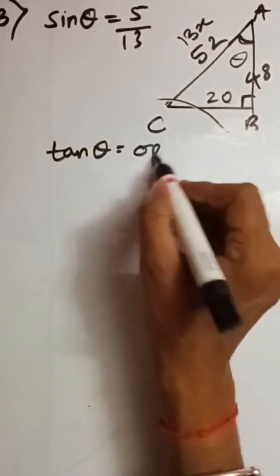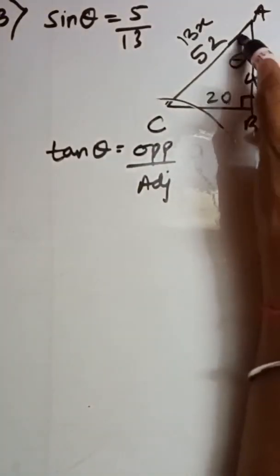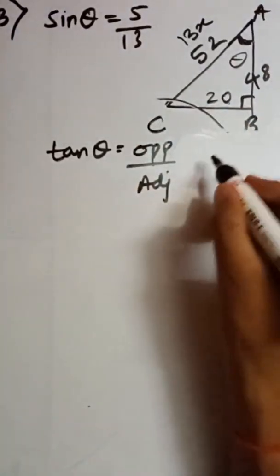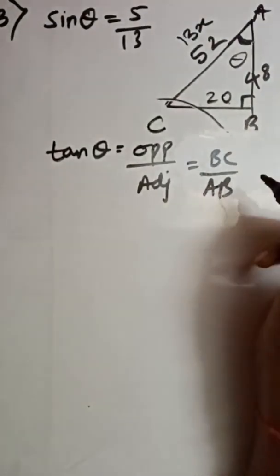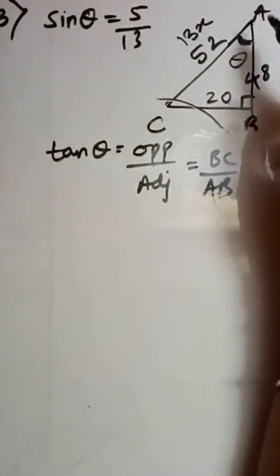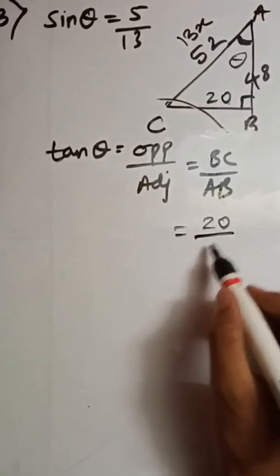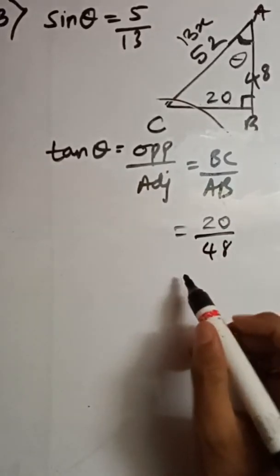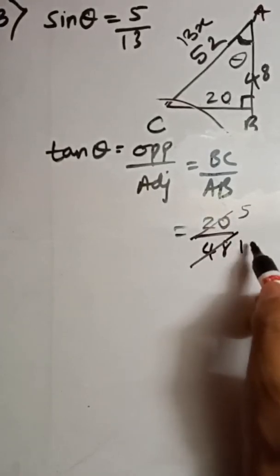So tan theta is opposite upon adjacent. So here is theta. Which side is opposite? BC. And for this theta, AC is hypotenuse, AB will be adjacent. See, there are three sides: one is opposite, hypotenuse is fixed, and the third one that remains is adjacent. Okay, so BC is 20 and AB is 48. So 4 5s are 20, 4 12s are 48.